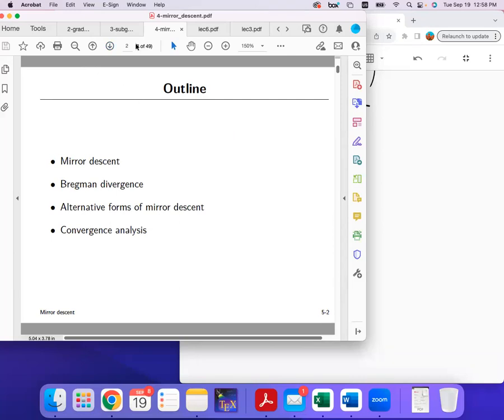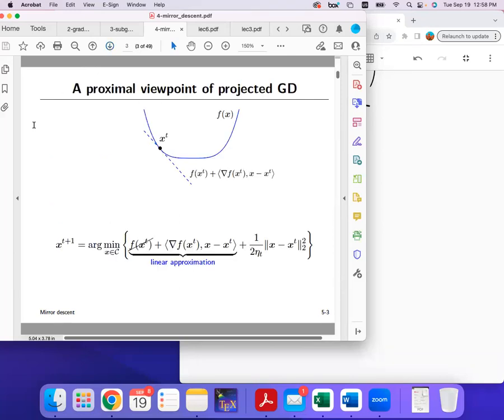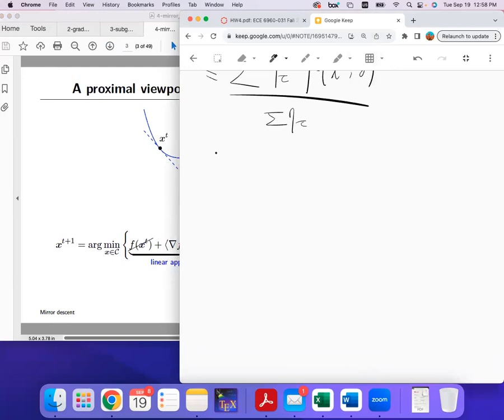Okay, so let's go back to the method of gradient descent first. So remember the simplest gradient descent.